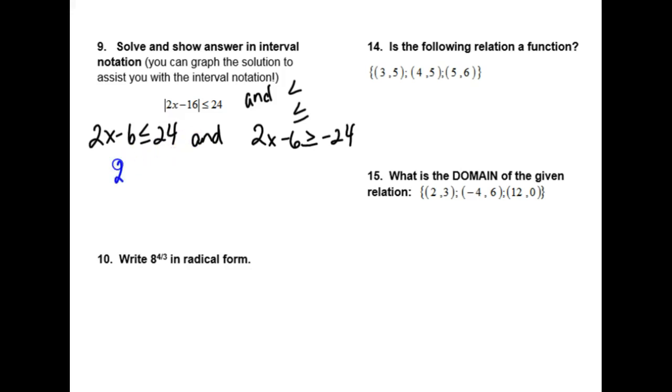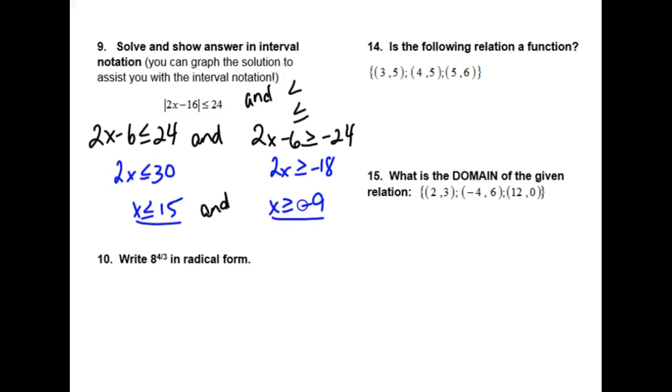So, adding 6, dividing by 2, there's your first part of your solution, and, let's see, same thing here, adding 6, dividing by 2, there's the second part of your solution.